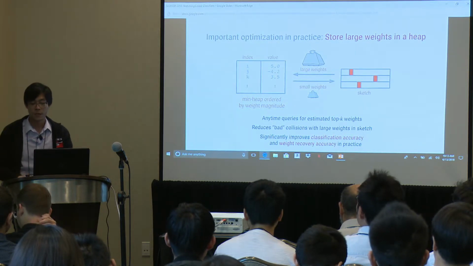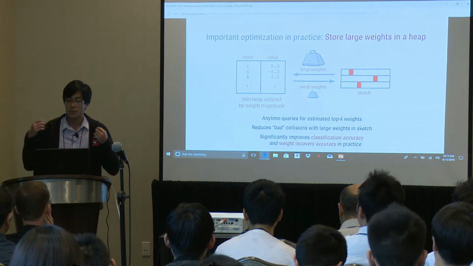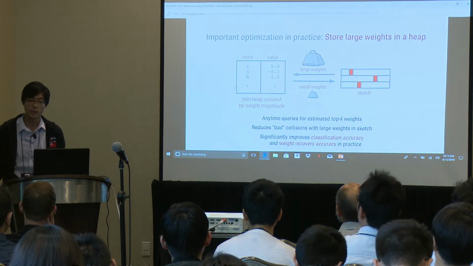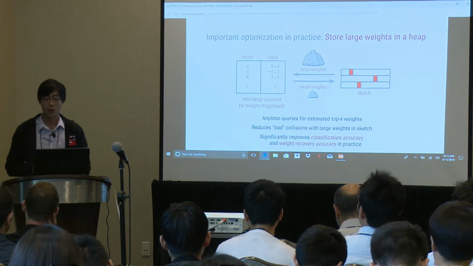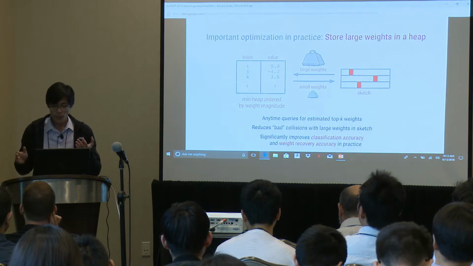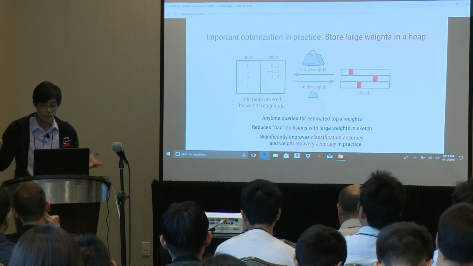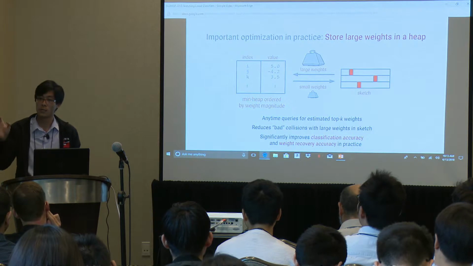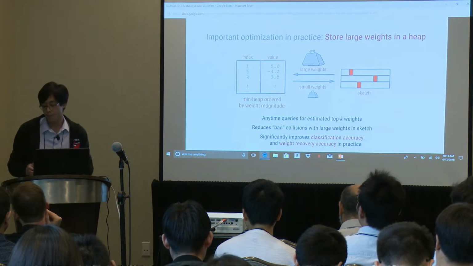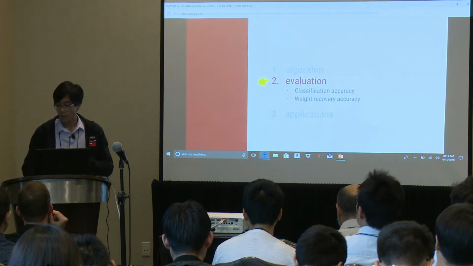And in practice, we find that this simple addition gives us significant improvements in both classification accuracy and weight recovery accuracy. And the intuition for this is that we're just reducing the incidence of bad collisions within the sketch. Okay, so how do we do in practice?